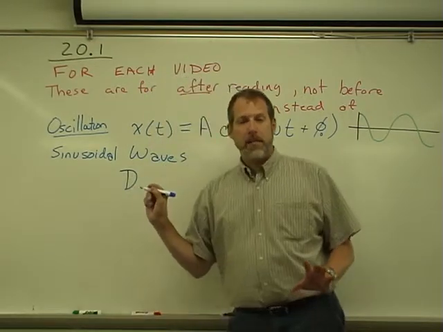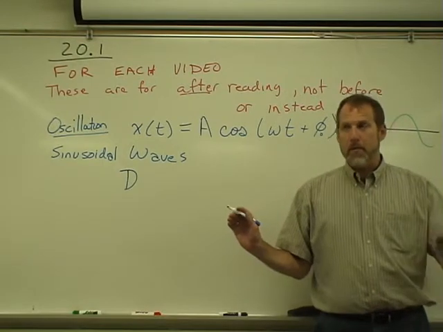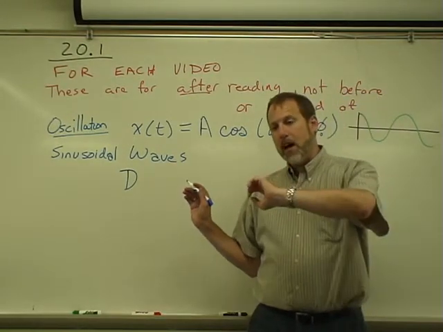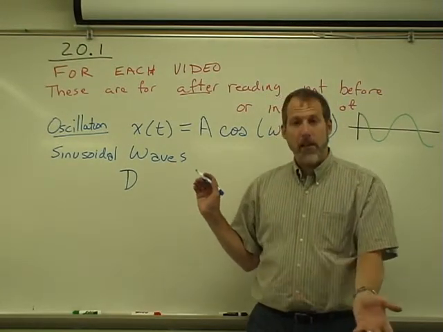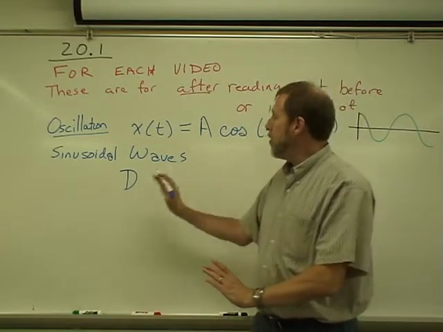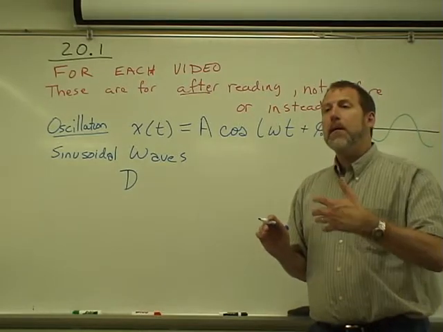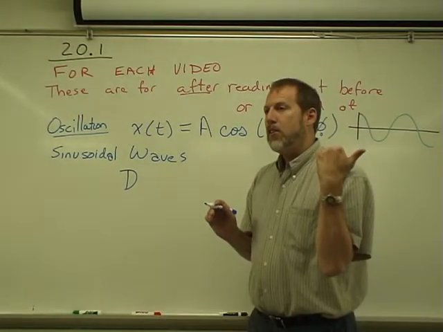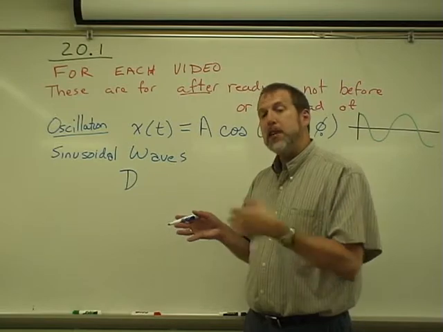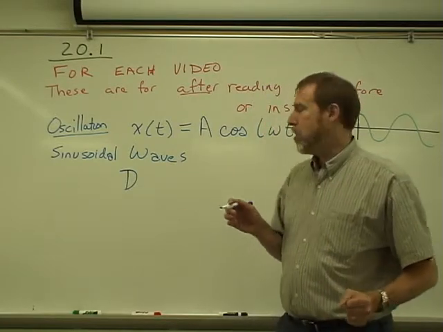some displacement. Now, there are different types of waves. We'll talk about that very shortly, or it'll be covered in one of the other videos. So I'm just going to write d as the displacement. Maybe it's in the x direction, maybe it's in some direction perpendicular to the direction of motion of the wave.